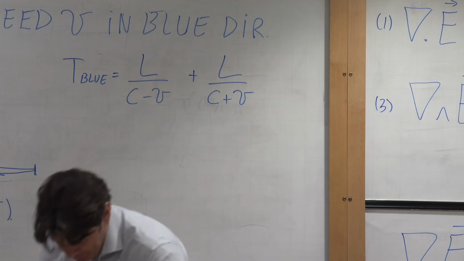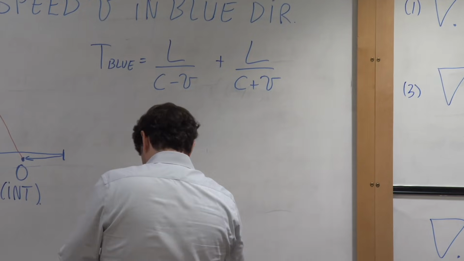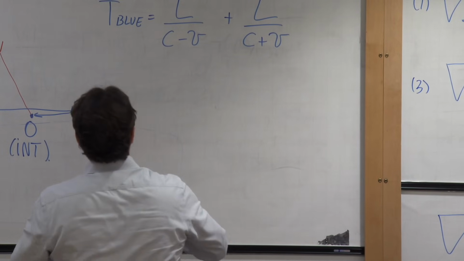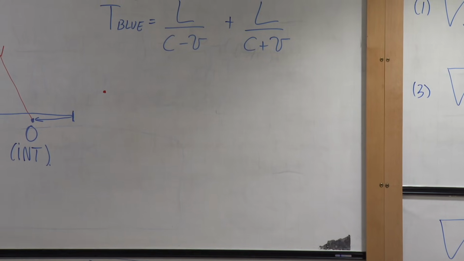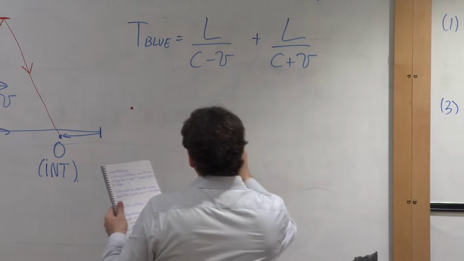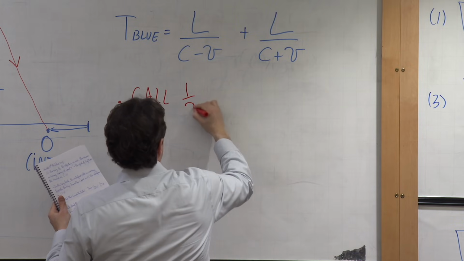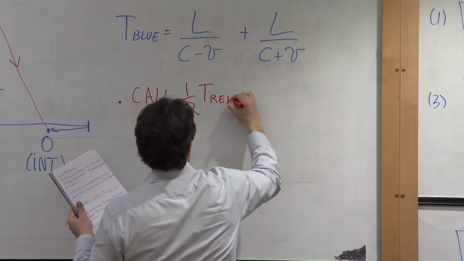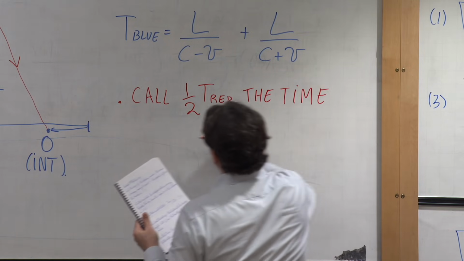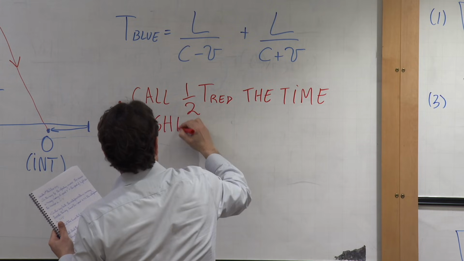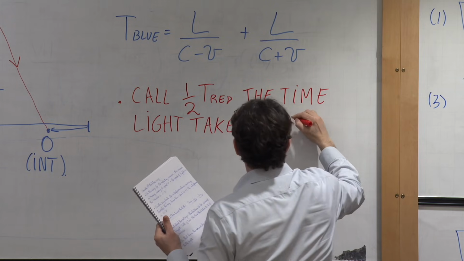On the other hand, T red can also be computed as follows. There is a super nice way to compute T red actually, and it's the following. Sorry, I will do the red computation in red. Half T red is the time light takes to hit the mirror.